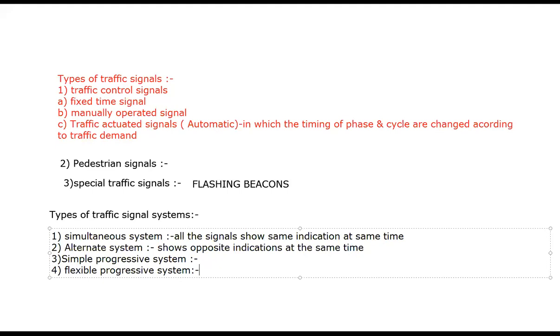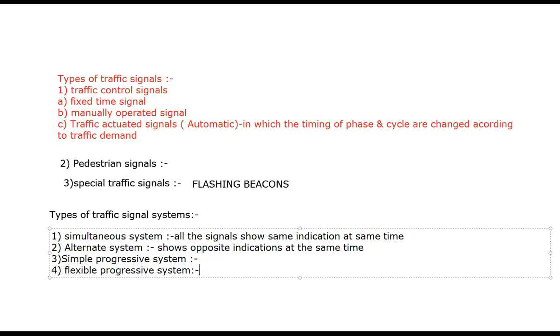Earlier, the cycle length is the same in the simple progressive system, but in the flexible progressive system, we can vary the length of the cycle, the cycle division, and the time schedule of each signal with the help of a computer.